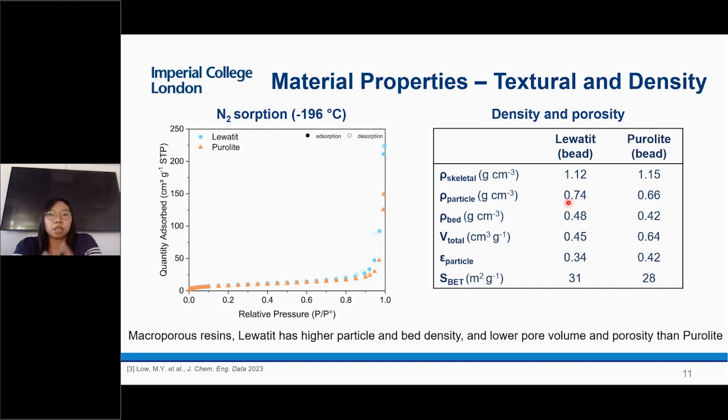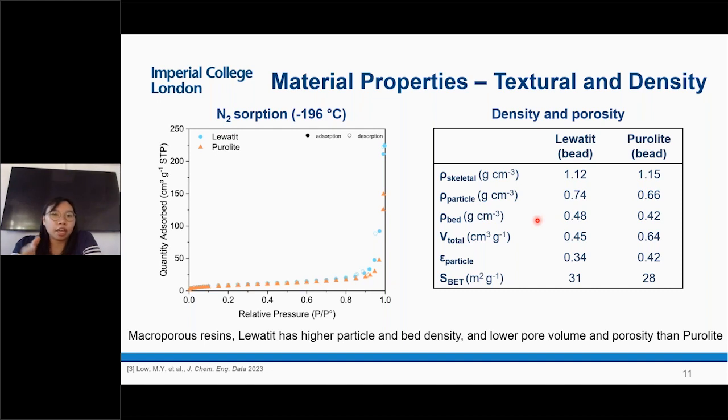So what this means is that in the same volume of your vessel, you could fit more mass of Lewatit compared to Purolite, which again could affect how much CO2 you can absorb in your process. But I'll discuss that a bit further down.